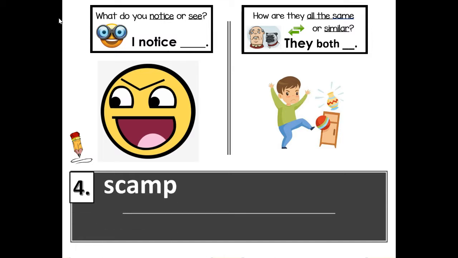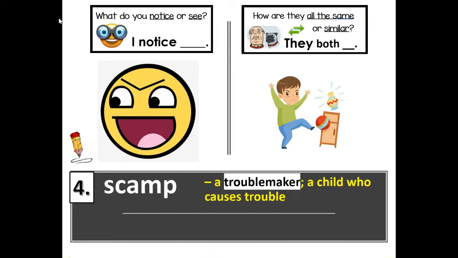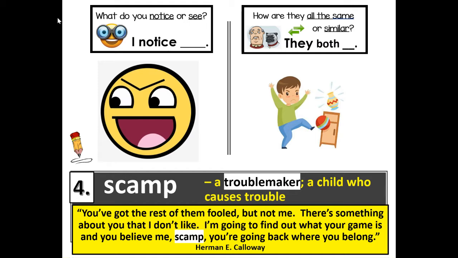If you remember, this is a vocabulary word from a previous chapter. Scamp means a troublemaker or a child who causes trouble. So the word is scamp. A synonym, or a word that means the same, is troublemaker, or a child that causes trouble is the full definition. And here's our quote.